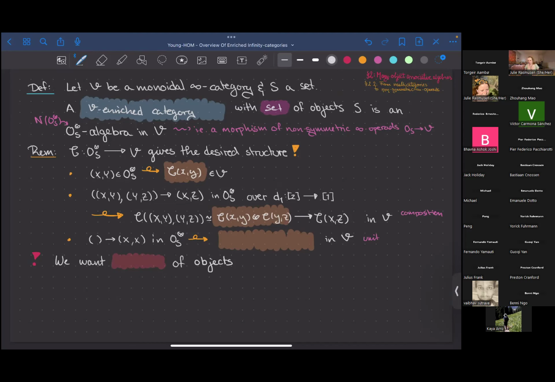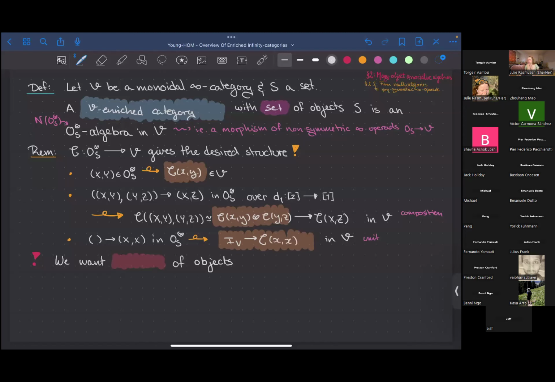So we get our composition map. And similarly, we also have a lift of S0, that will go from, again, the empty string into xx in this O_S category, which will give us our unit maps.